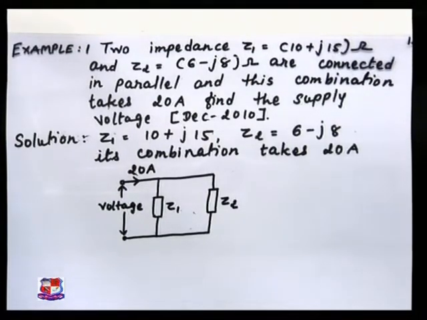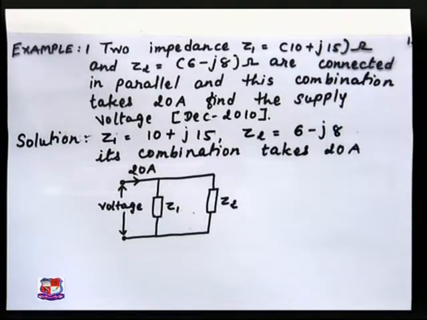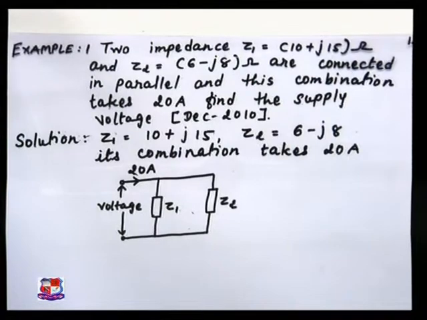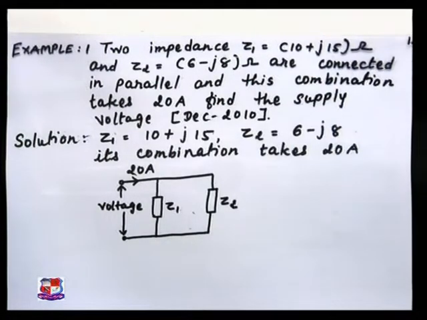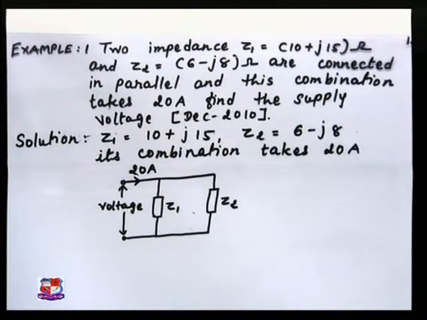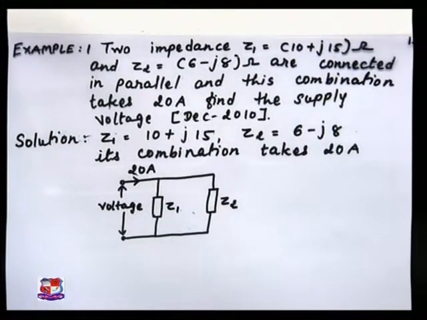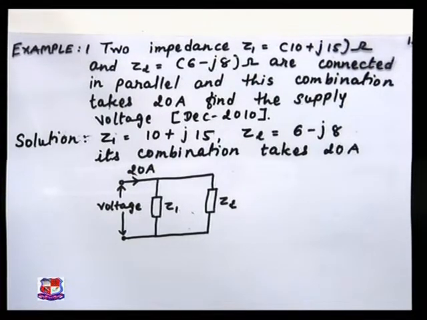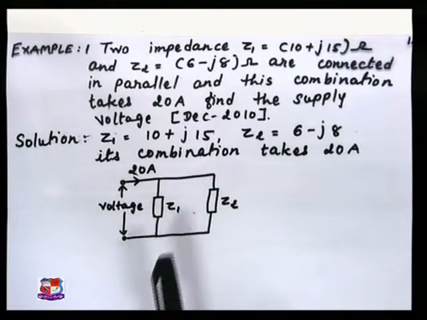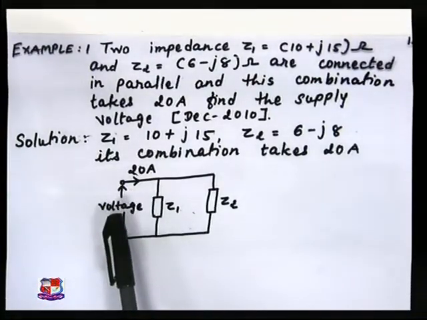Find the supply voltage. This example was asked in December 2010. Two impedances are given to you, Z1 and Z2, and the total current passing through this two combination is also given. You have to find the supply voltage for this particular combination. The figure is shown. Z1 and Z2 connected in parallel, and the combination of these two will take 20 ampere current, and you have to find the value of voltage.